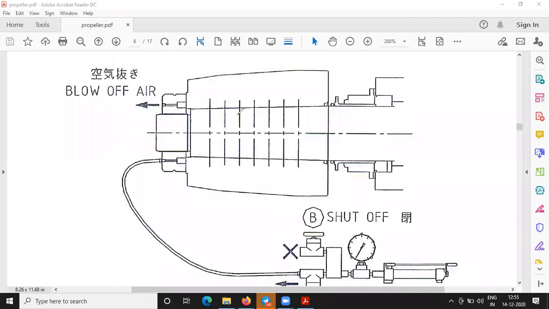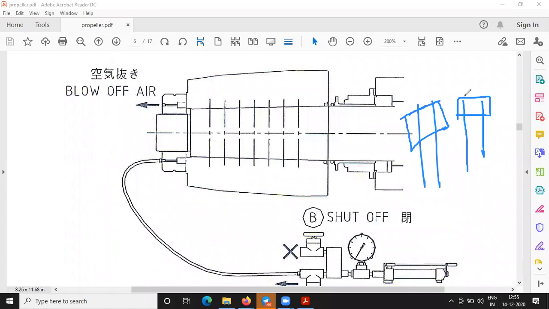This is initially how do we do it? There are problems. Why? Because sometimes the propeller can be fitted improperly. If this is the shaft, and the propeller is sitting like this, there will be more clearance at one side and less clearance at the other side. If the propeller is like this, it should be properly aligned.